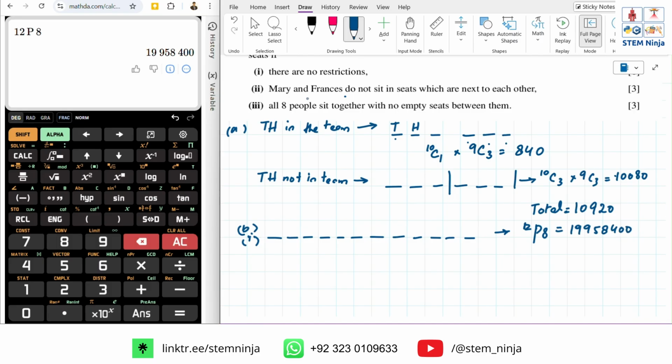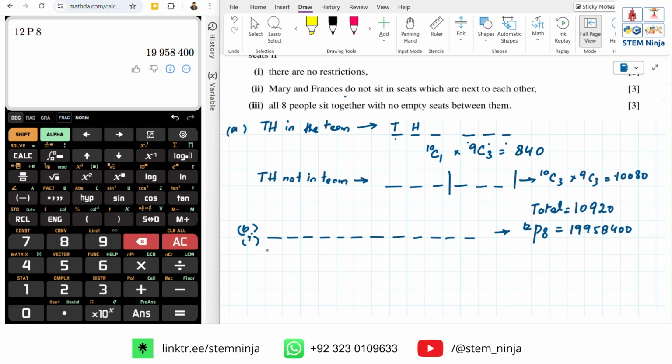Mary and Francis do not sit in seats which are next to each other. So basically, they have alternate seats or different possibilities between.